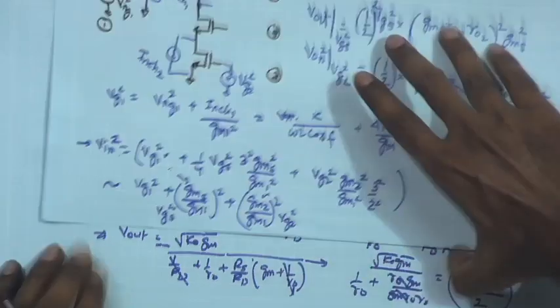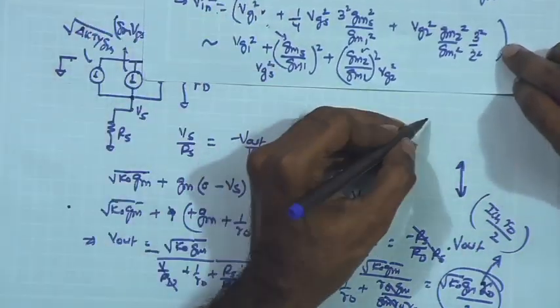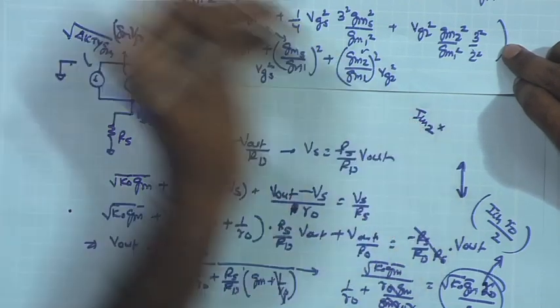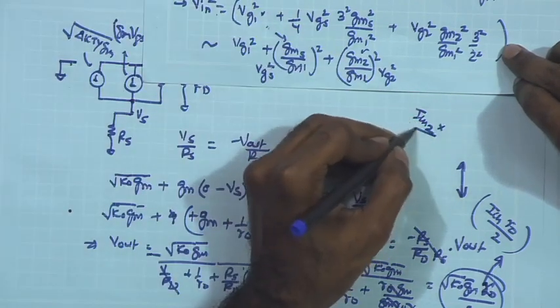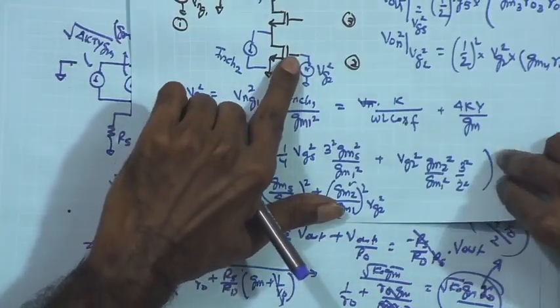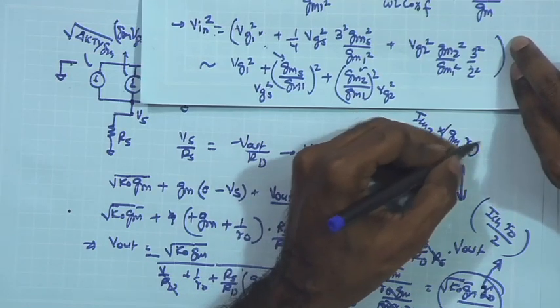So if I compare this, try to contrast this with the channel current effect of M2. So ICH2 is getting divided by Gm2 to give you the gate noise voltage of M2, and then it is getting multiplied by Gm Rho square.